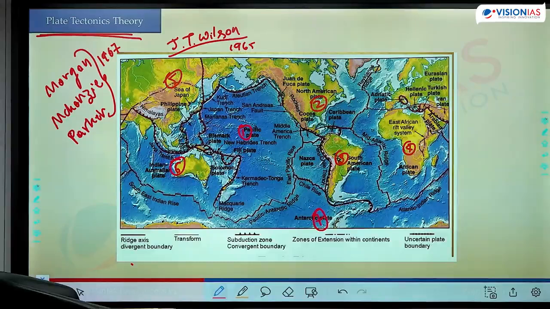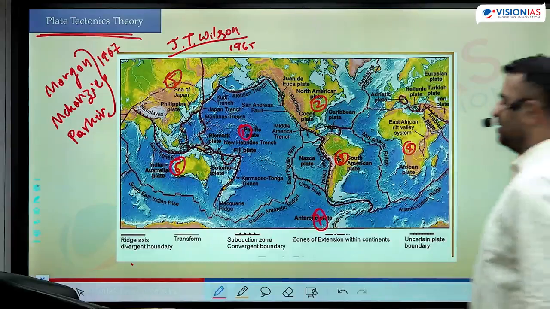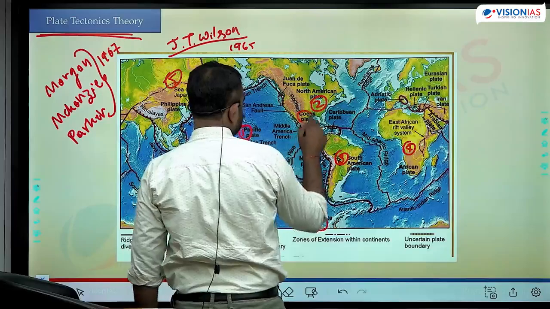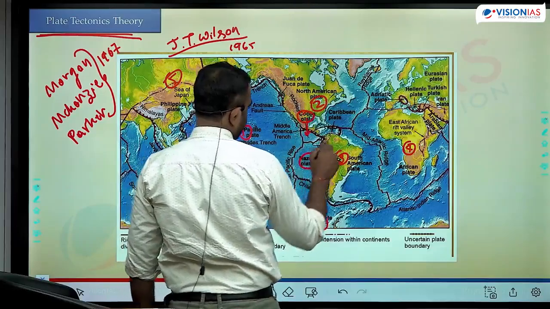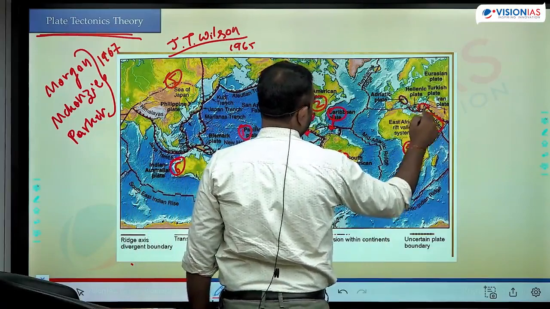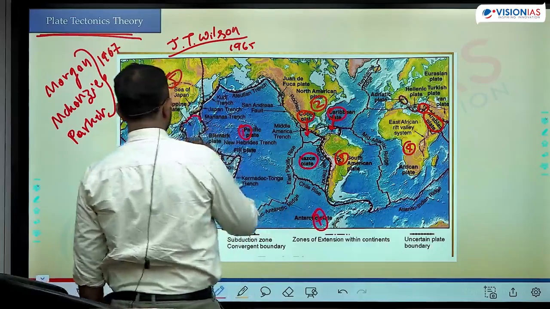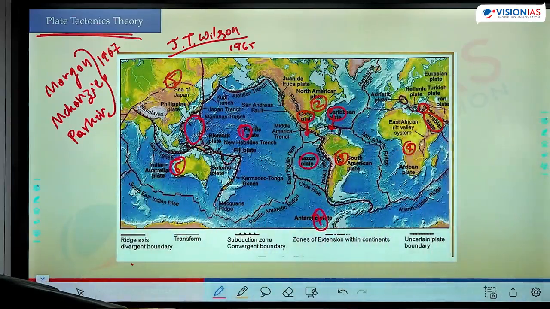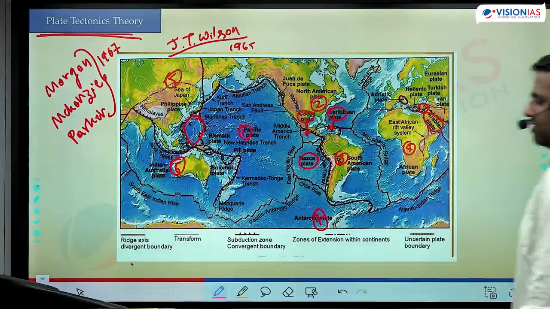Fine. 7 major plates. In between these major plates, there are minor plates. For example, Cocos plate, Nazca plate, Caribbean plate, Arabian plate, Anatolian plate, Philippines plate. तभी ये सारा मिलके एक ऐसे single shell बनेगा ना. There are many smaller plates, they are called as minor plates.